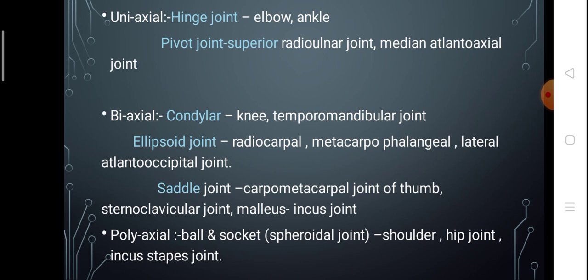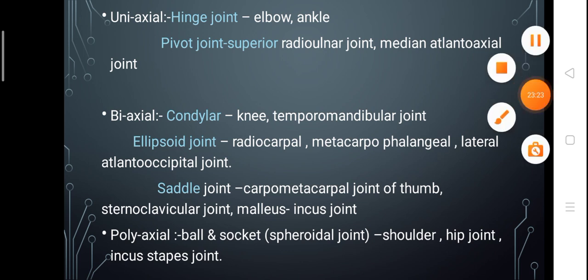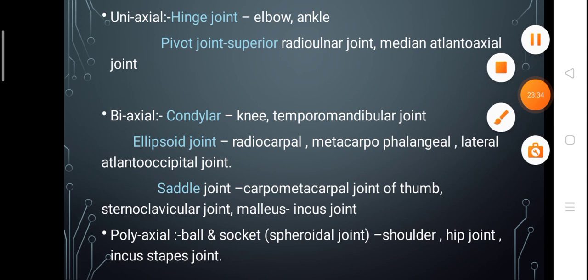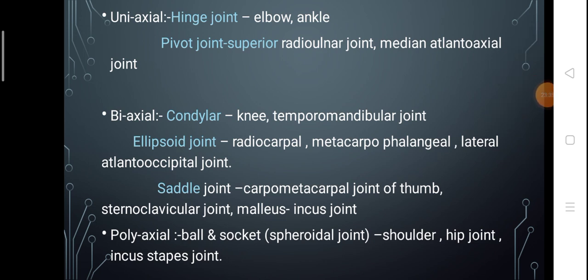In that you have examples like radiocarpal joint, that is the wrist joint, metacarpophalangeal joint and lateral atlanto-occipital joint. Now in the case of saddle joint, flexion and extension take place around a transverse axis, abduction and adduction take place around an anteroposterior axis.